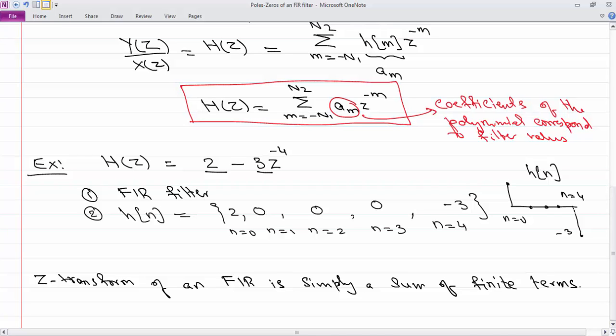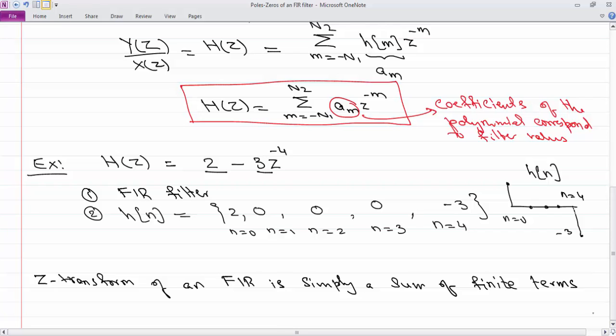How many terms does the Z transform have? It has no more than the length of your FIR filter. If the length of the FIR filter is 10, you don't have more than 10 terms. Right? So if we look at that, then it's clear that we cannot add a finite number of values to get infinity.